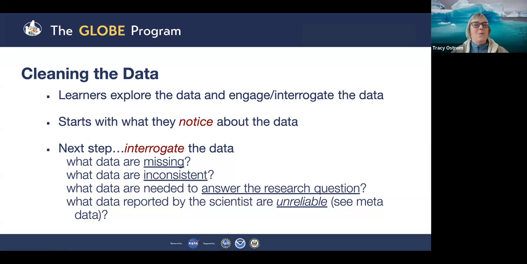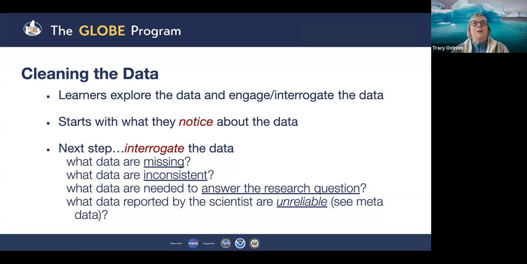In other words, what questions do they have? What might be missing, or what are some inconsistencies of the data? Are the data that's been collected answering our research question, or is it going in a different direction? Is there anything unreliable? For example, if we read the metadata, we might read that the instrument wasn't working after 15 minutes or something like that.